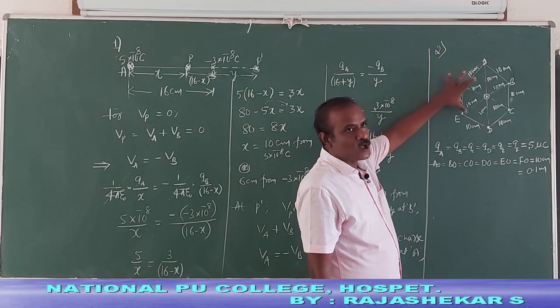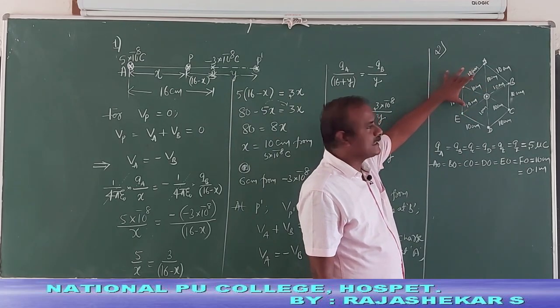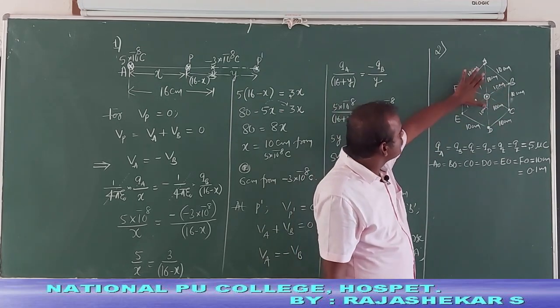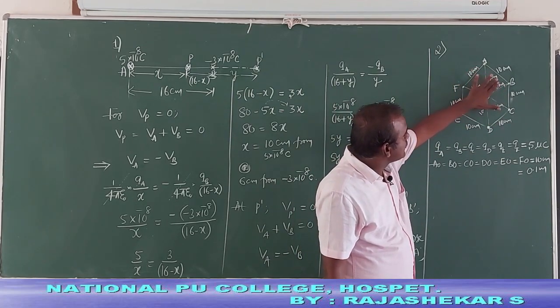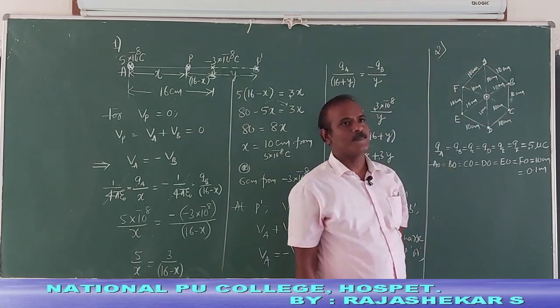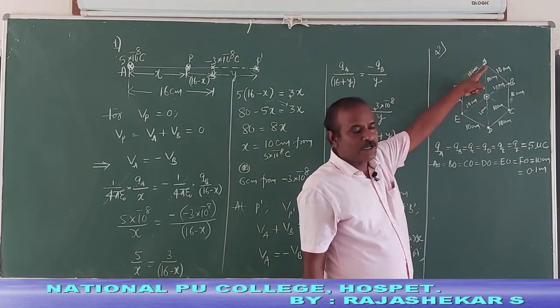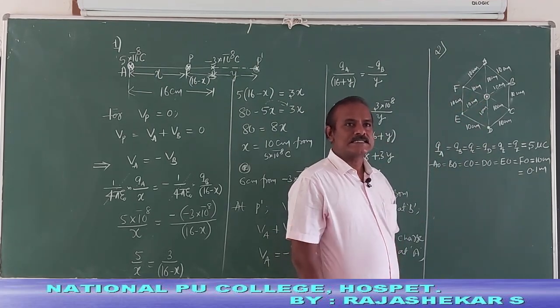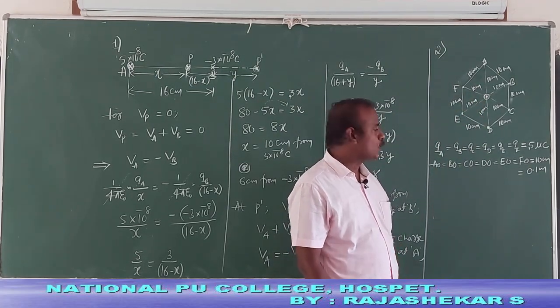Why? Because in a hexagon, each side subtends an angle of 60 degree at the center. Therefore, this will be an equilateral triangle, so that all sides are equal. Hence, distance from every corner to the center is also same as the side of the regular hexagon.